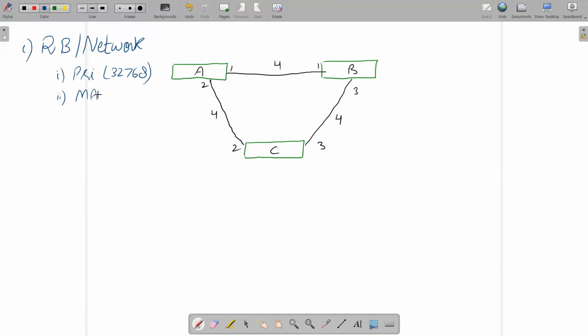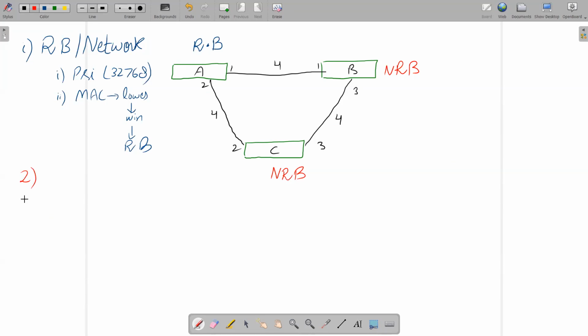Then we need to compare the MAC addresses, and the switch which has the lowest MAC address will win the election, and who wins the election will be elected as the root bridge. So in our case, switch A would be elected as a root bridge. Okay, fine. Then the rest were acting as the non-root bridges. Fine, that was the first step.